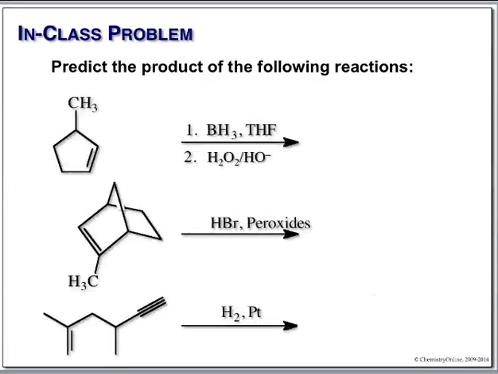Turns out that one of the main factors in hydroboration has to do with steric bulk. The bigger it is, the further the boron wants to be away from it. So in this particular reaction, this secondary carbon will be favored, and we'd wind up with this alcohol.